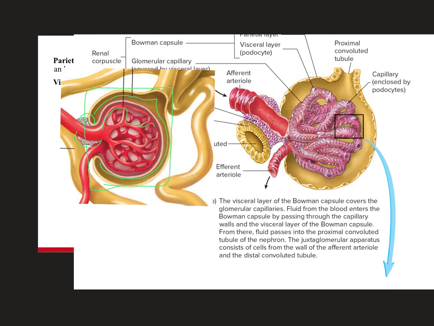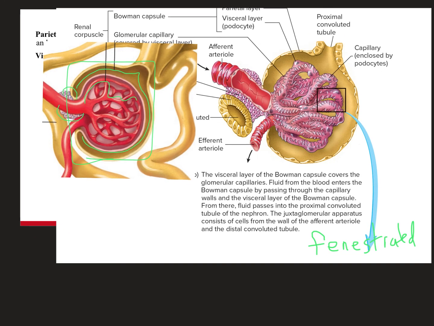Now, when we were talking about capillaries a few weeks ago, there were some special capillaries, and one of them was a kind of capillary that I told you we were going to see in the kidneys. Anybody remember what that was? Remember fenestrated capillaries?